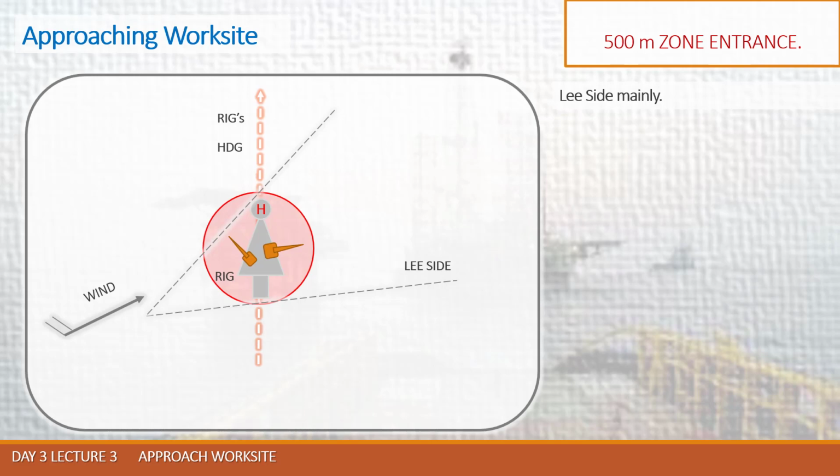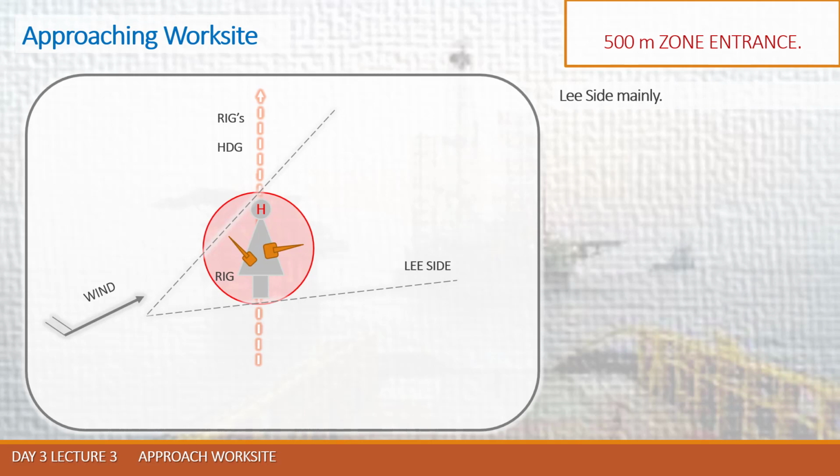Generally, our approach consists of some main stages. First, the vessel must be ready for further DP operations near the installation, and then the vessel should select the appropriate direction of approach. Very often, many companies require only lee side approach.